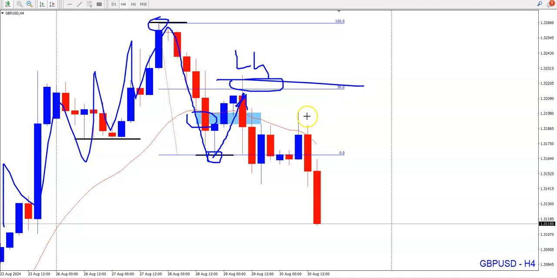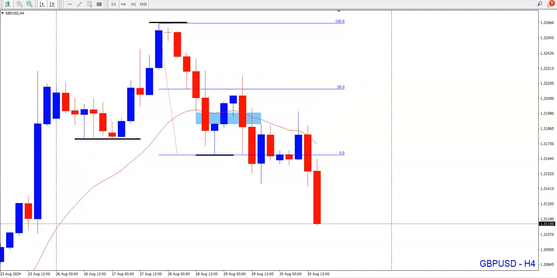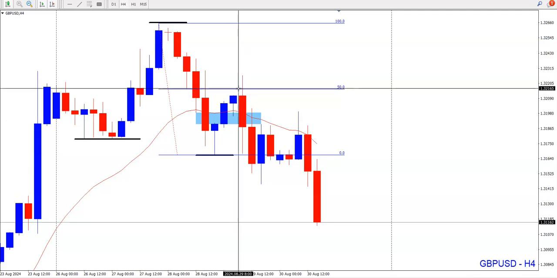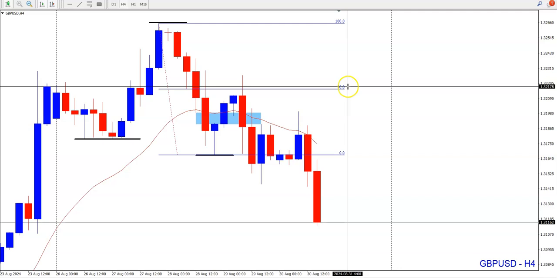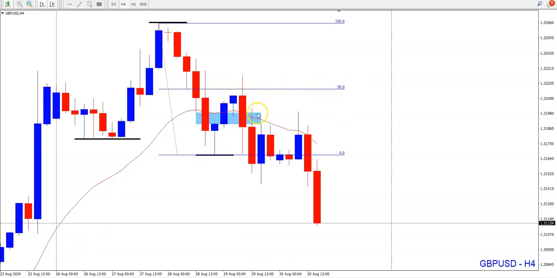We want this top to be formed there, and once the lower high is established here and price starts respecting that level, in this case the discount area, then of course we are looking for a possible structure shift at those levels up here.